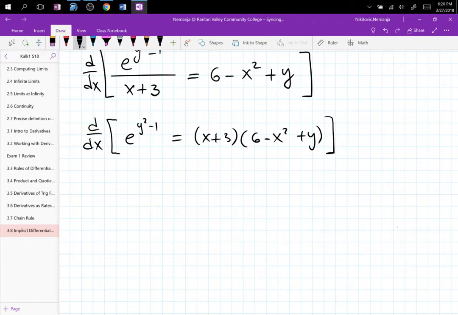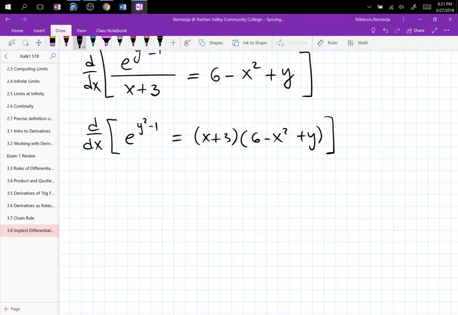Now I've seen some of you FOIL this, right, or expand this. You don't have to, it's just the product rule. And even if you expand, you are going to have x times y at one point, which is going to be product rule anyway. So you can just leave it like this and deal with the product rule. You will have one product rule either way.